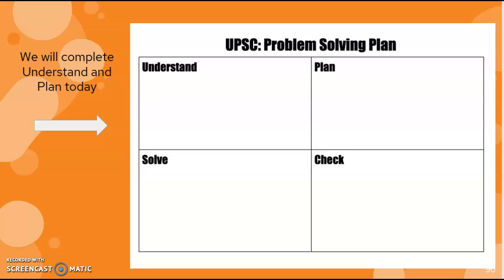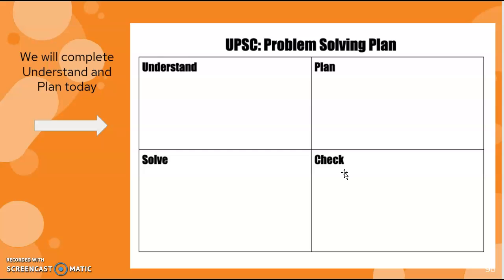So last week we learned how to use our problem solving plan to first understand what the problem is asking us. Secondly, we learned how to use the plan to actually plan how we will solve our problem. Then we went to the next step and actually solved the problem. And then the last step, we learned how to check our work.